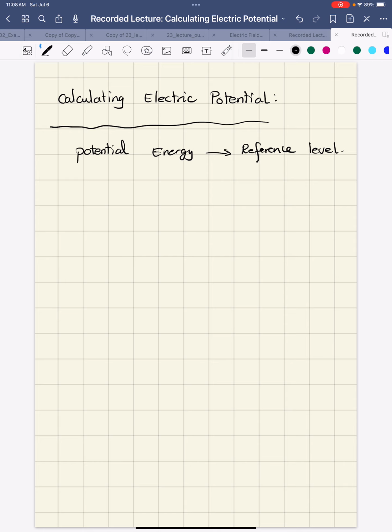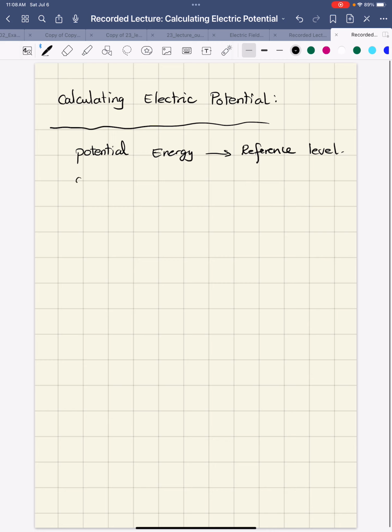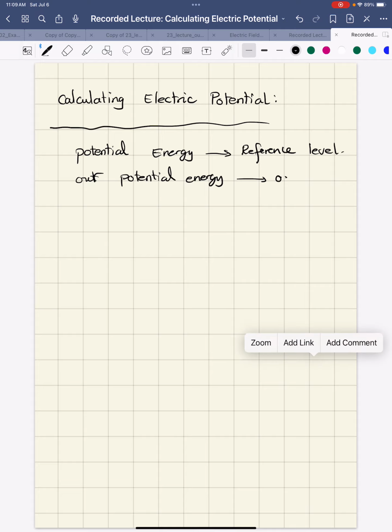That is really where we're going to set our potential energy to be zero. And remember, potential energy equals Q times V.